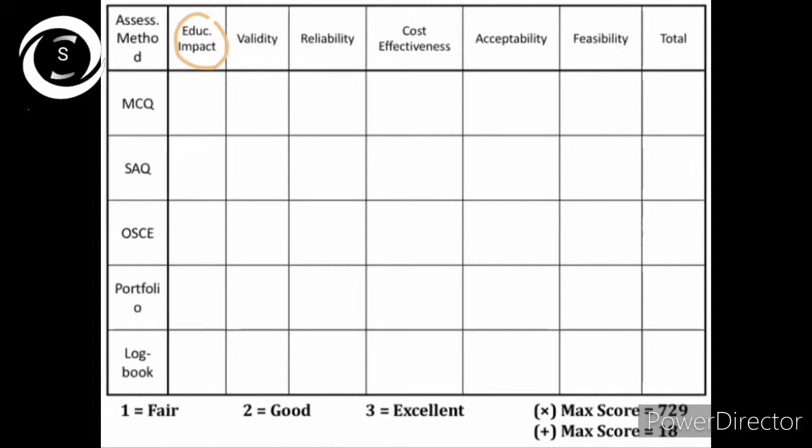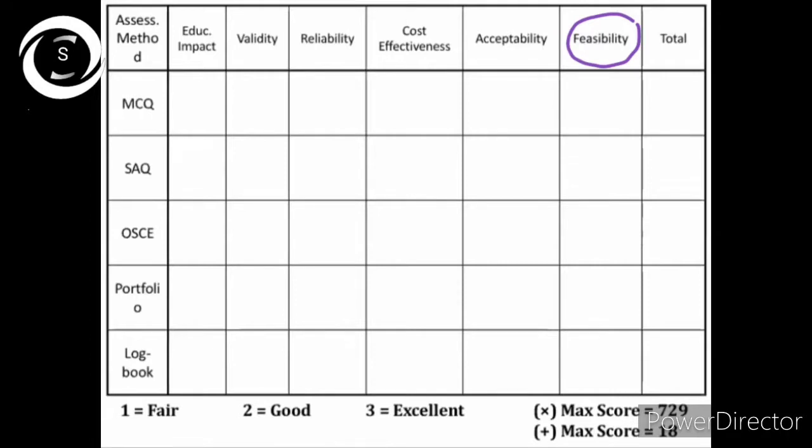So then comes the educational impact. Educational impact means that the learner will gain knowledge while undergoing the assessment. So during preparation, he will have educational benefits. So how much educational impact does the test have? It's also an important variable. Then feasibility means that the assessment is practical, realistic, and sensible given the context and circumstances.